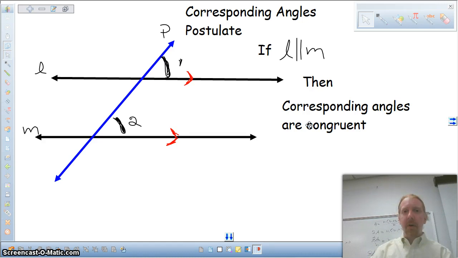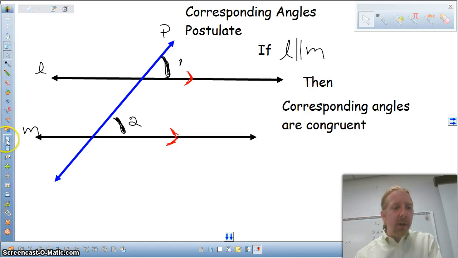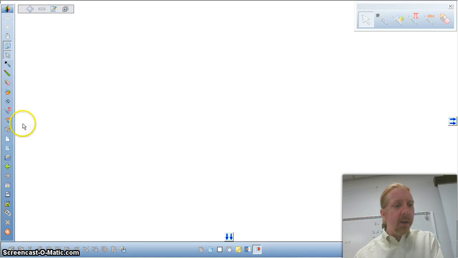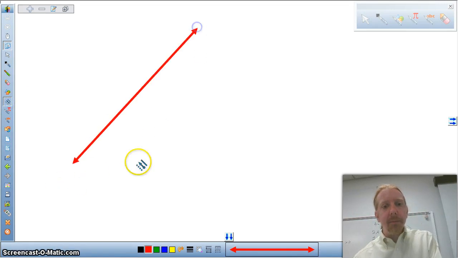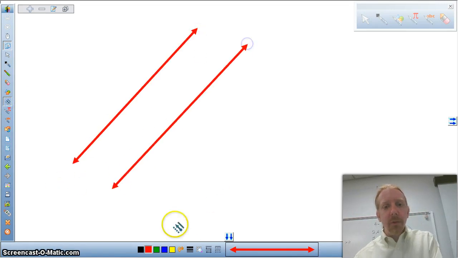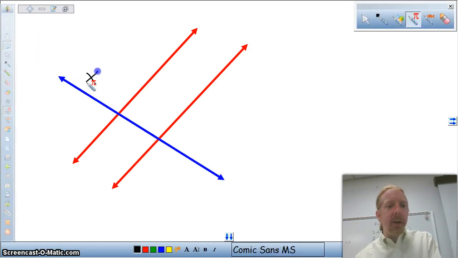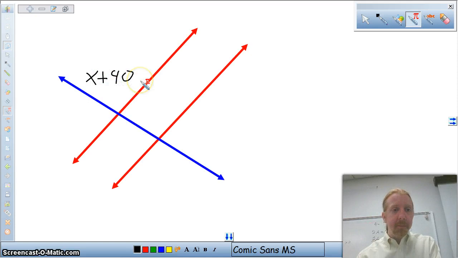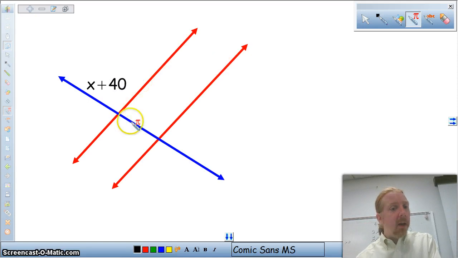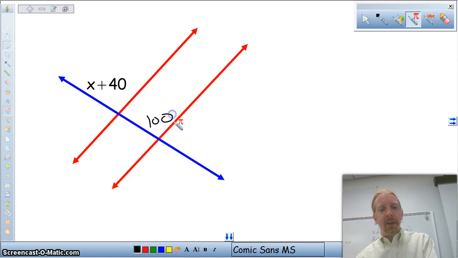What would this look like in a problem? Just to give a quick context to it. Well, let's take a couple of parallel lines. So there are two parallel lines. We'll cut them with a transversal. And maybe I know that this angle over here is x plus 40. I also know this angle down here is going to be 100.